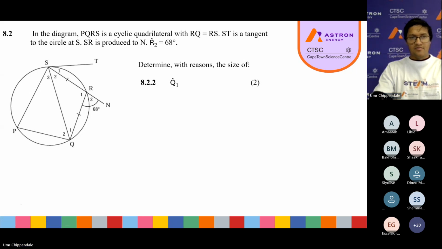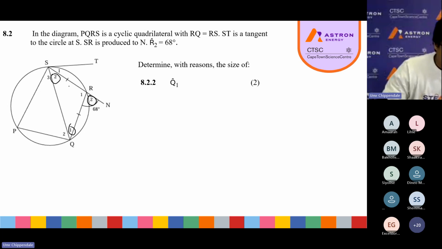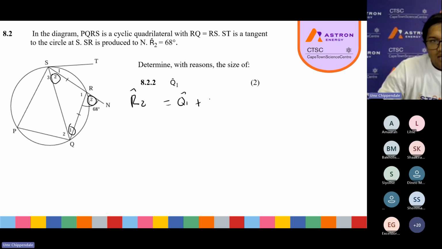So what we could say is that the sum of two of the interior angles of a triangle is equal to the exterior angle. And what is our exterior angle over there? It is 68. So therefore, we can now say that angle R2 is equal to our angle Q1 plus our angle S2. And like I said, that is going to be based on the angles within the triangle that we have.